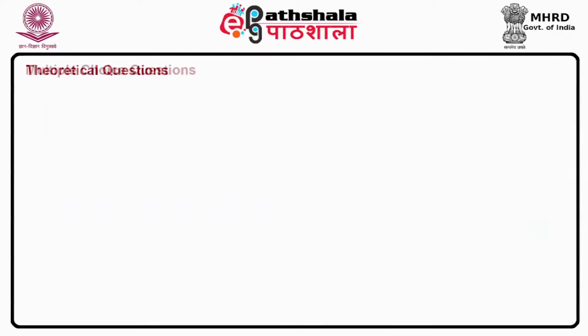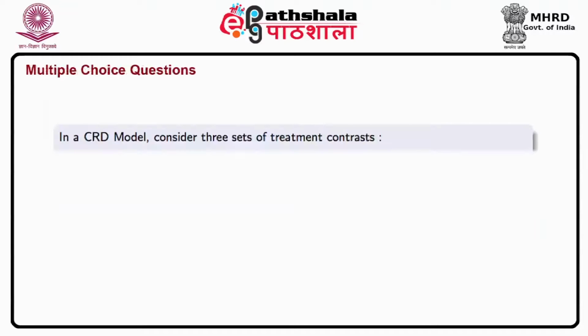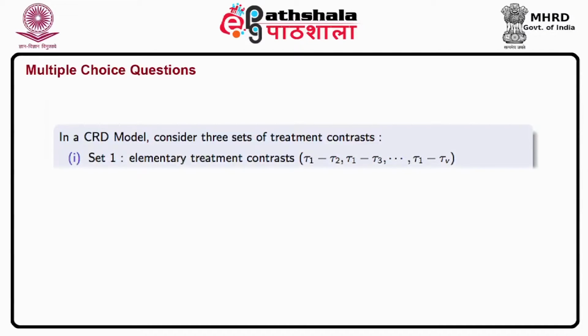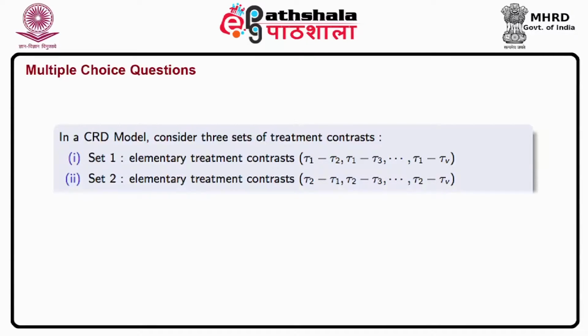So the first question is, in a CRD model, consider three sets of treatment contrasts. The first one, set 1, is elementary treatment contrasts: tau 1 minus tau 2, tau 1 minus tau 3, up to tau 1 minus tau v. The next set is elementary treatment contrasts: tau 2 minus tau 1, tau 2 minus tau 3, up to tau 2 minus tau v.